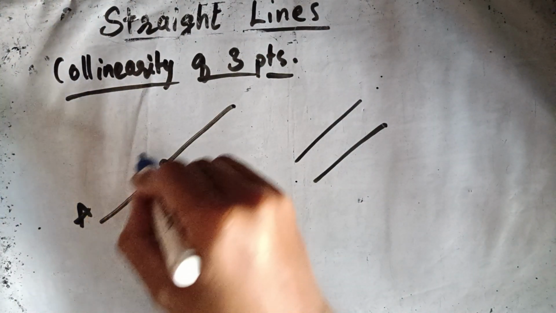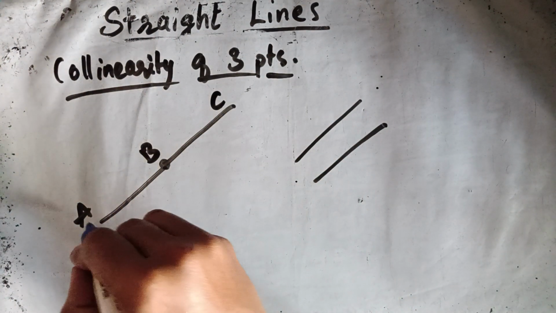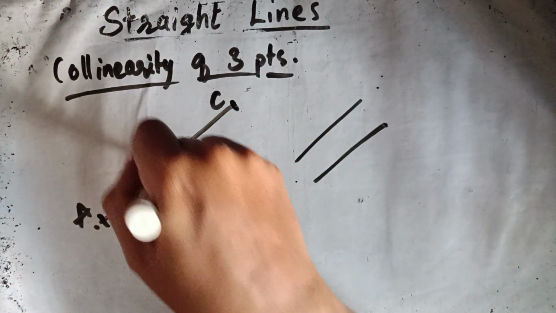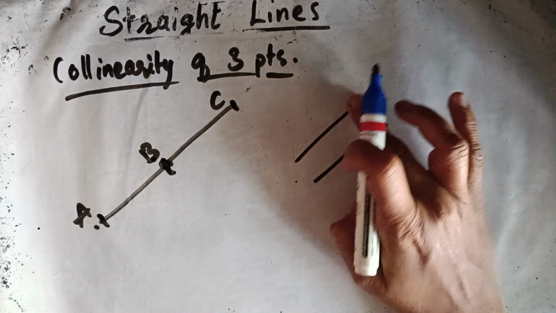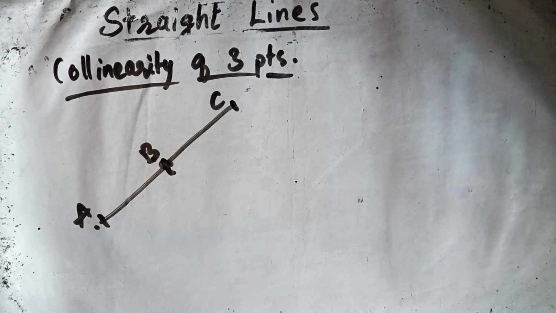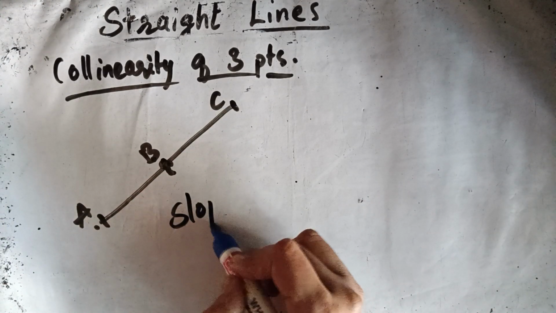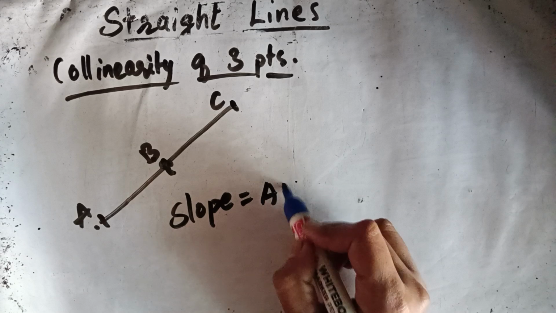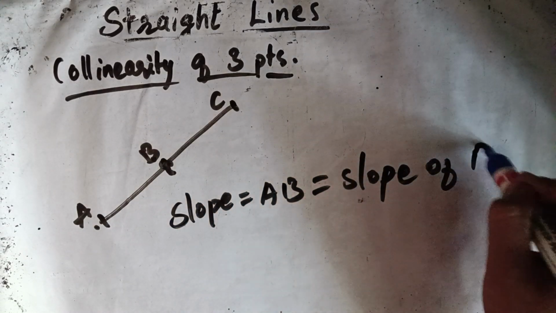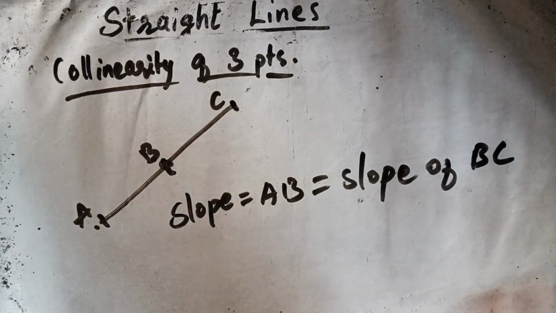If this is the line AB, the first line, and the second line is BC, and it is joined by B, then if you want to find whether these are collinear or not, you just compare the slopes. That is, slope of AB is equal to slope of BC. Both the slopes are equal.